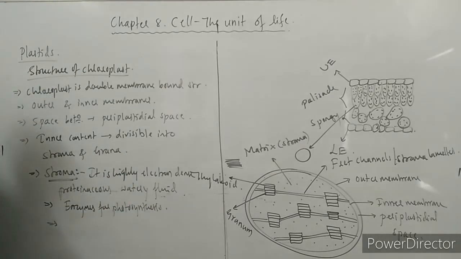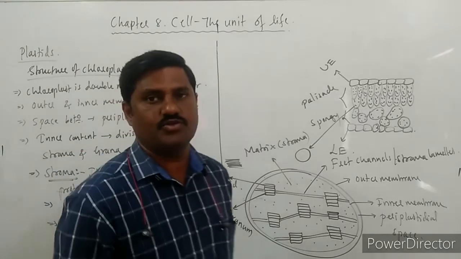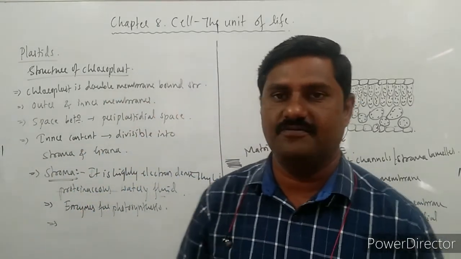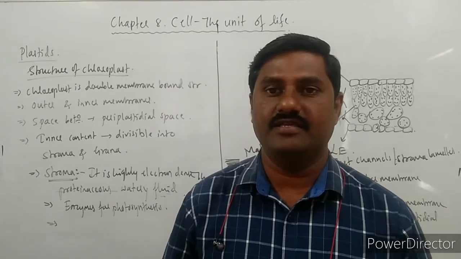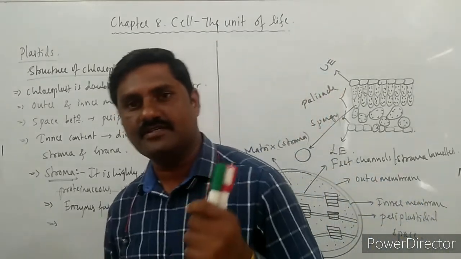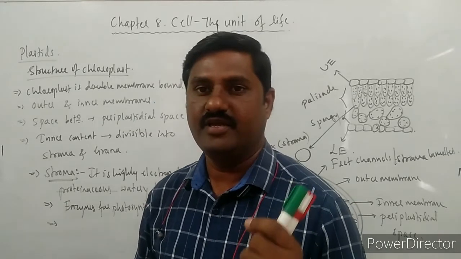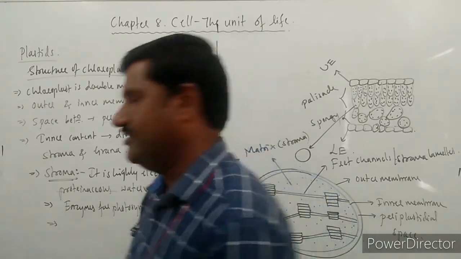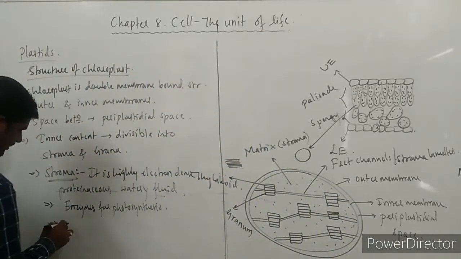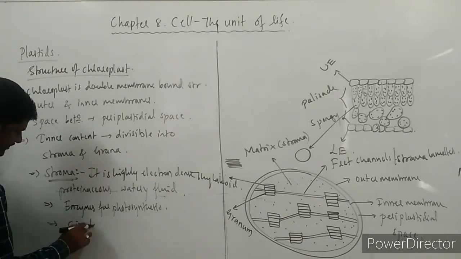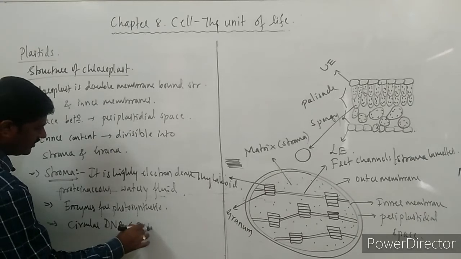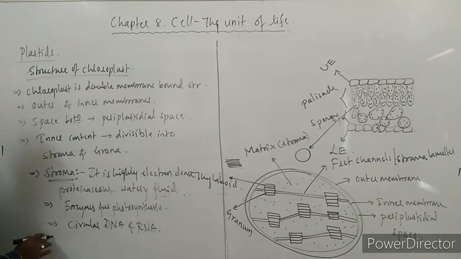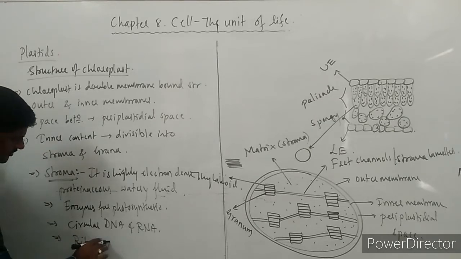Apart from this, what else does the stroma consist of? It contains water, and it also consists of circular DNA, its own RNAs, and ribosomes are also present over here.